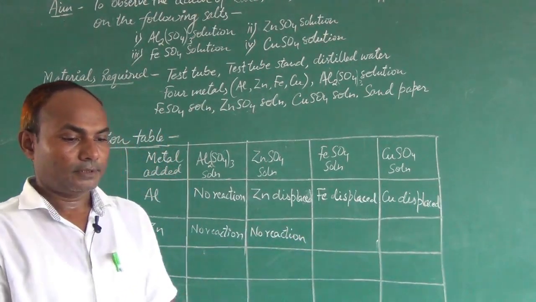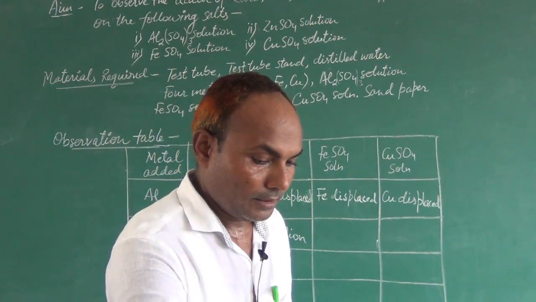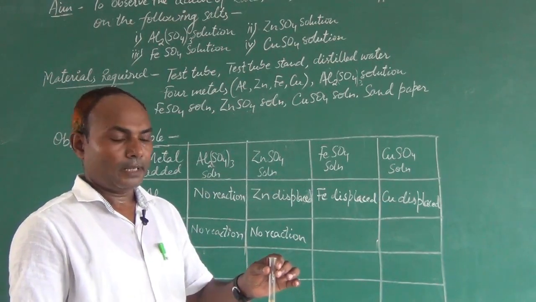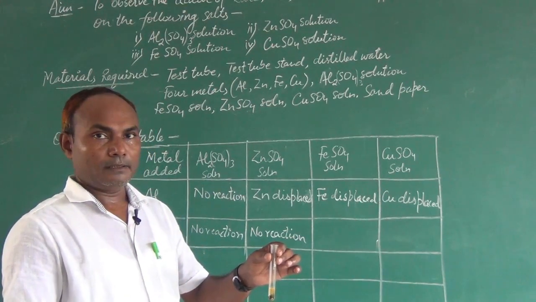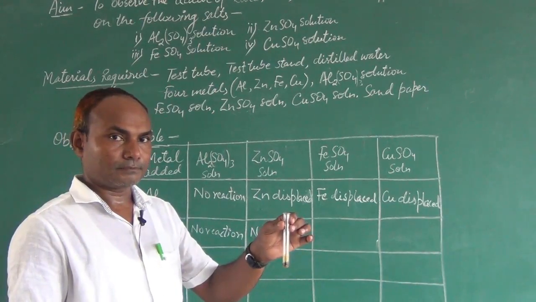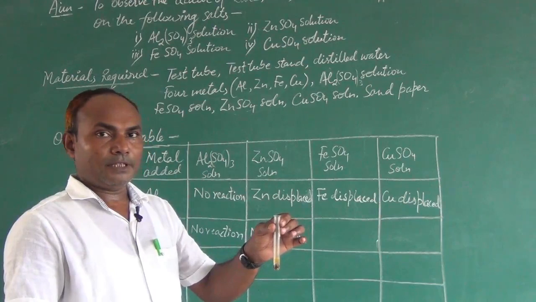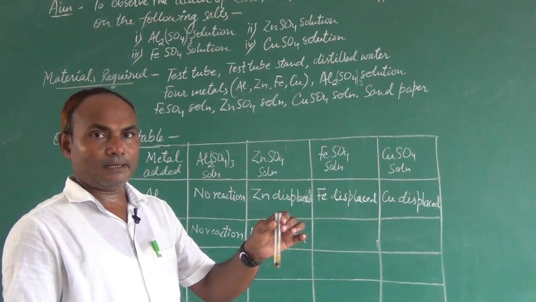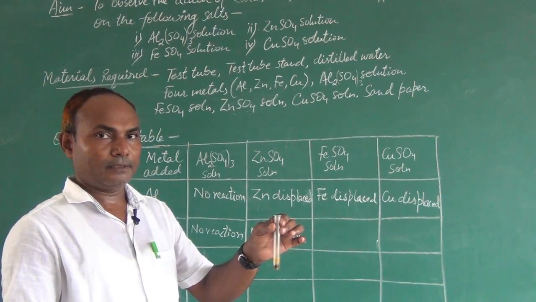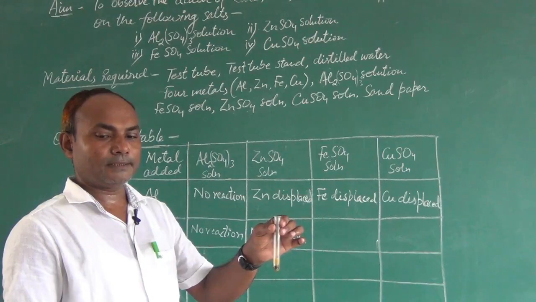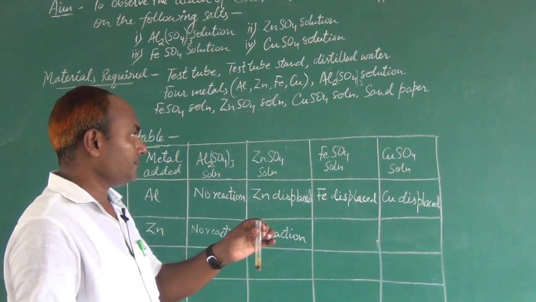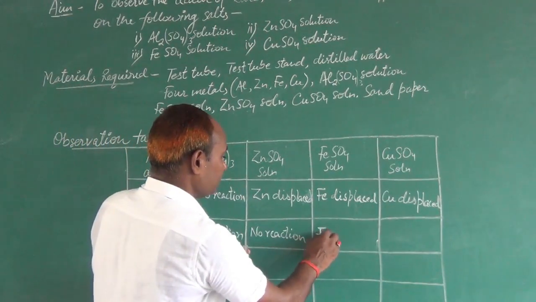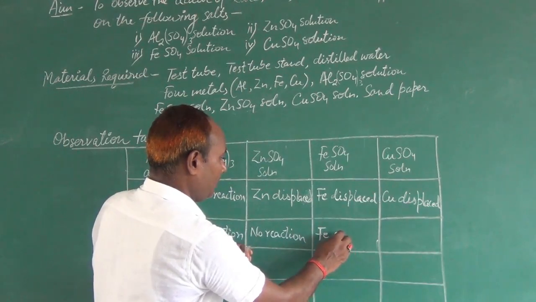So students, in the third test tube, in which we have taken iron sulfate solution and zinc metal is added in it, if we observe the color of the salt solution, the brownish color of the salt solution is disappeared, means the reaction takes place and zinc displaces iron from iron sulfate solution.